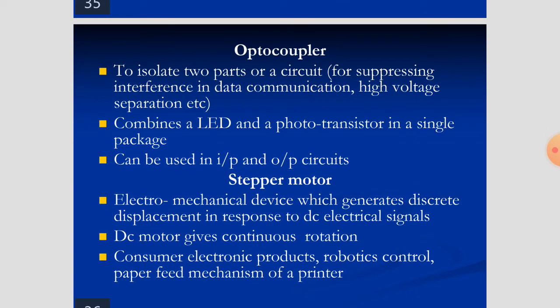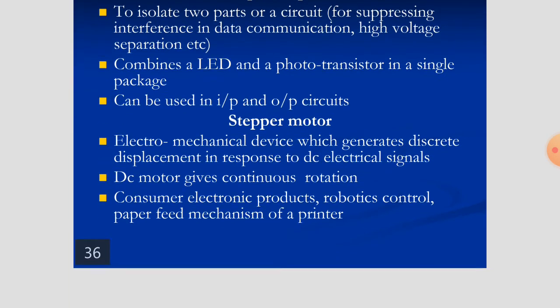It contains mainly 2 parts: one part is an LED, and another part is a phototransistor, in a single package. It can be used in input and output circuits. On both sides you can use optocouplers to separate out the particular circuits from high voltage or data communications. Like that you can use the optocouplers.